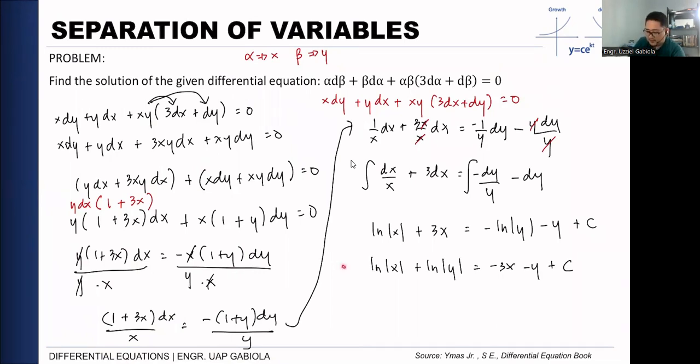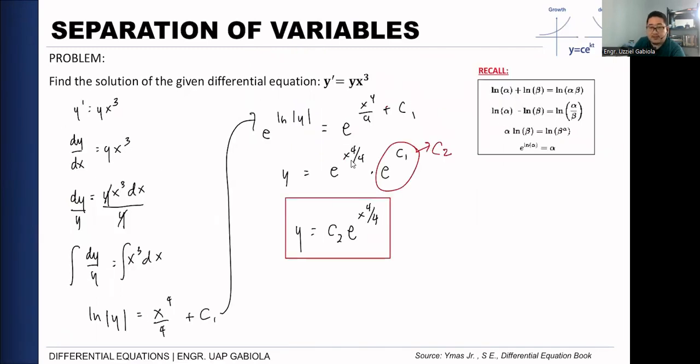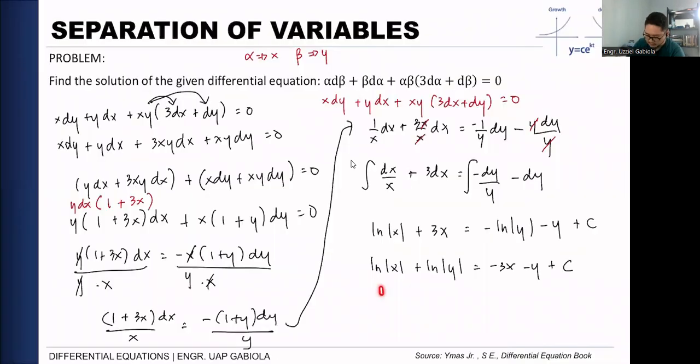Dito, kapag meron tayong addition ng ln, we can multiply yung nasa loob niya. So, this can be alpha, beta. So, dito, this can be ln xy is equals to negative 3x minus y plus c.